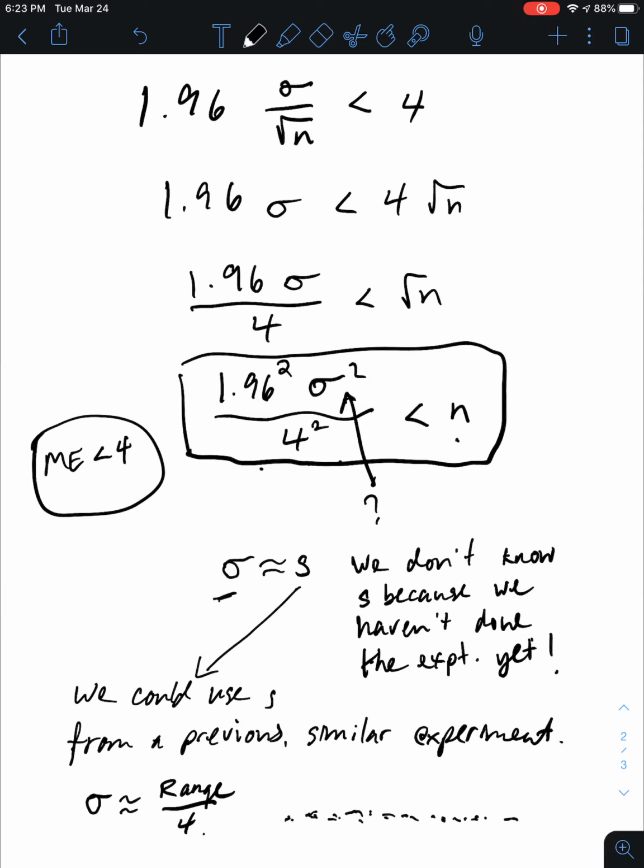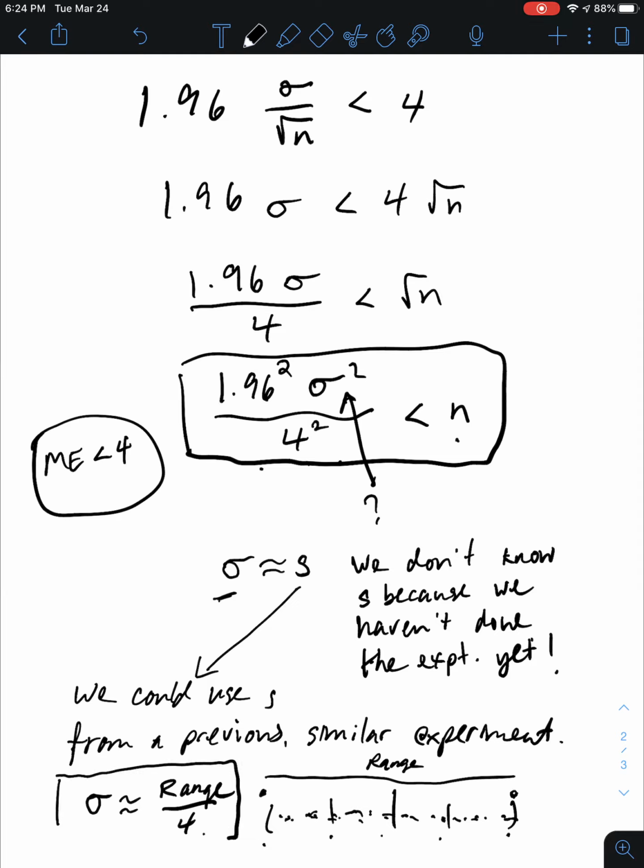Here's all the measurements that we've ever made. What we're essentially saying is that all those measurements are within about 2 standard deviations of the mean. We're going to cross our fingers and hope that's true. And so this range here, the difference between the largest measurement and the smallest measurement, should in that case be about 4 standard deviations, because we're assuming that measurements are within 2 standard deviations of the mean. So that's where this formula comes from.